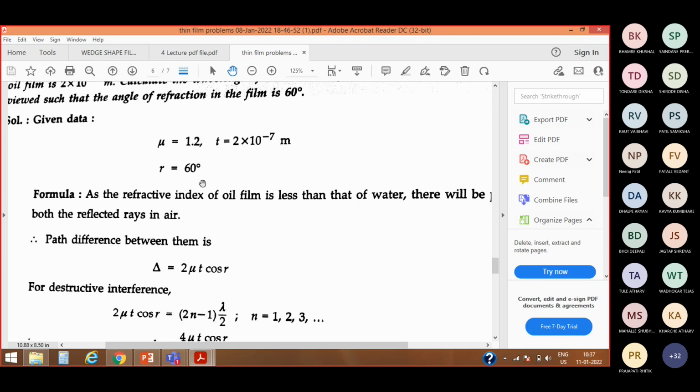तो यहाँ पे आपको cos of r नहीं दिया है. r की वैल्यू आपको फाइंड आउट करनी पड़ेगी. What is the answer? Wavelength.